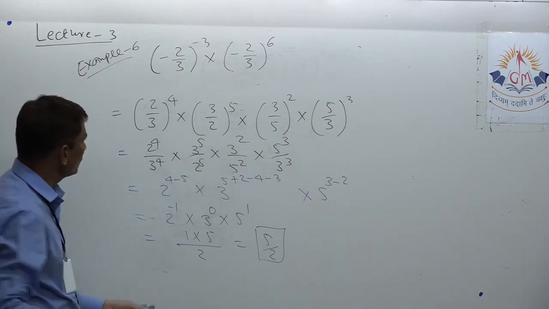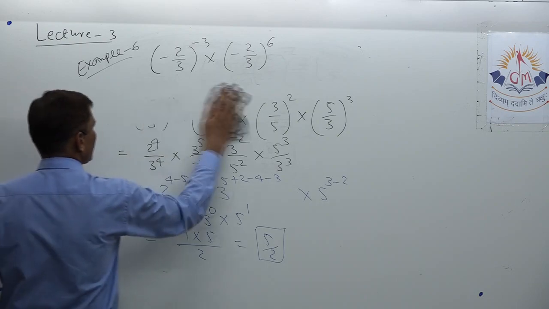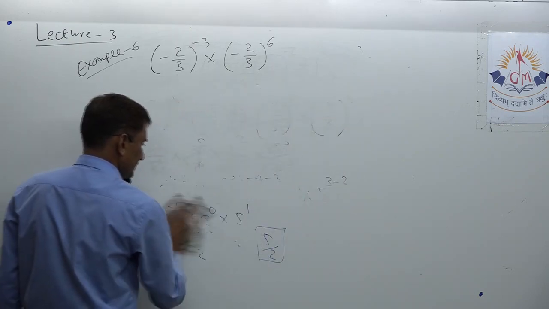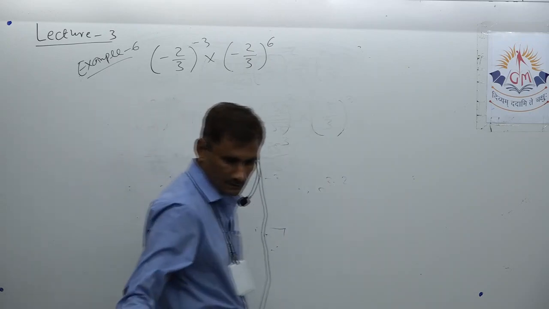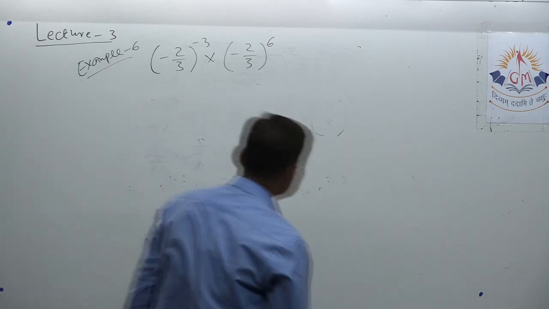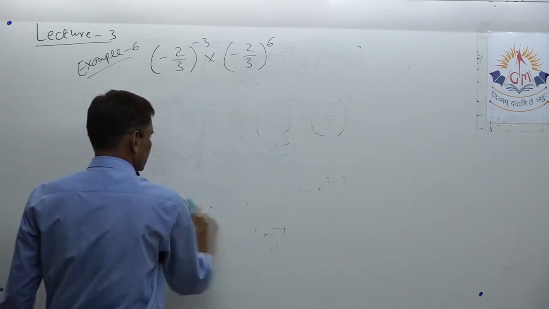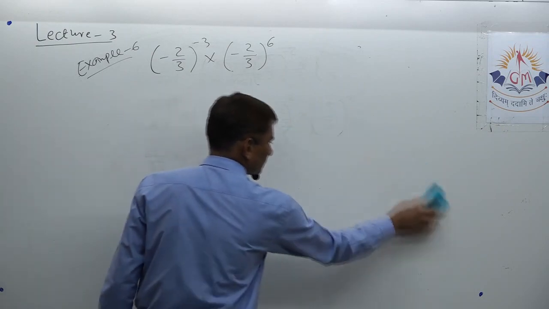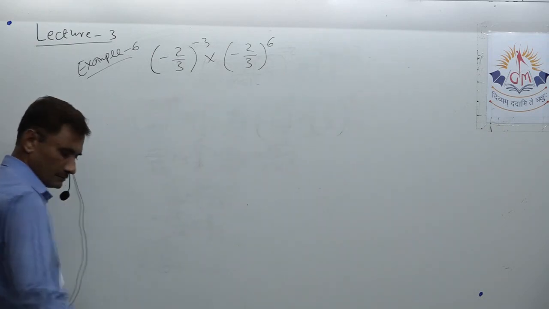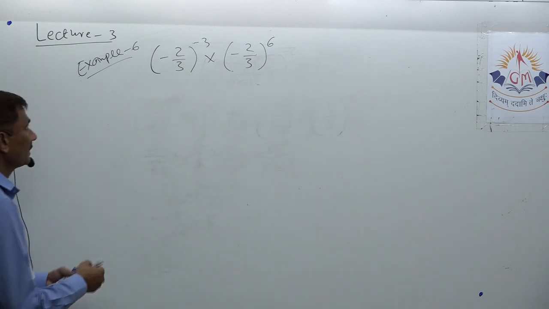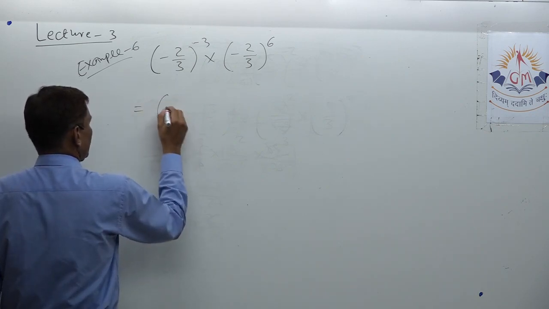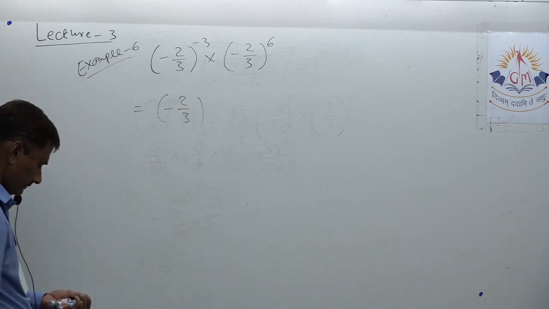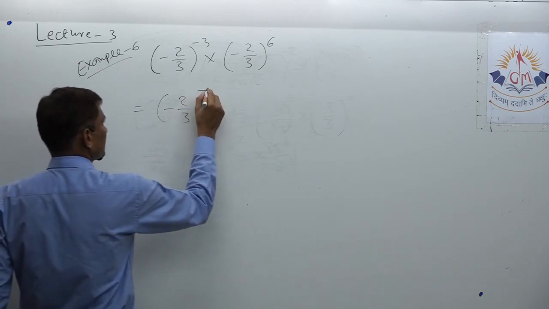Okay, so let's apply here quotient law. You know what is quotient law. Okay, I will write in bracket also as a reason. So minus 2 by 3 raised to minus 3 plus 6.